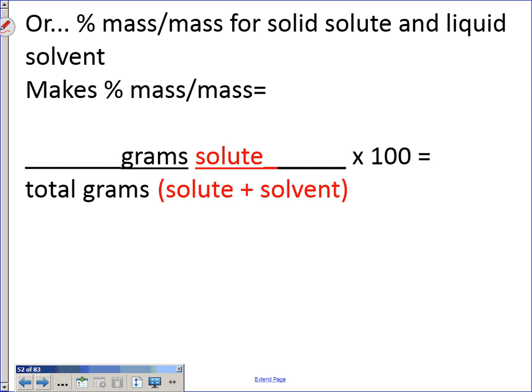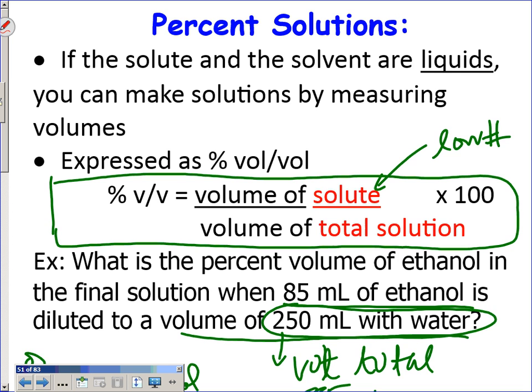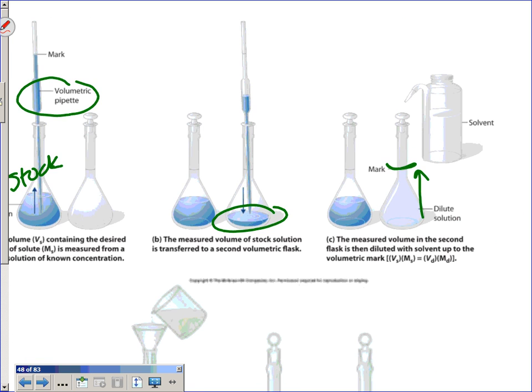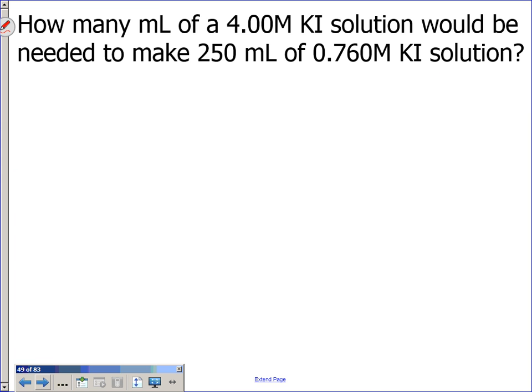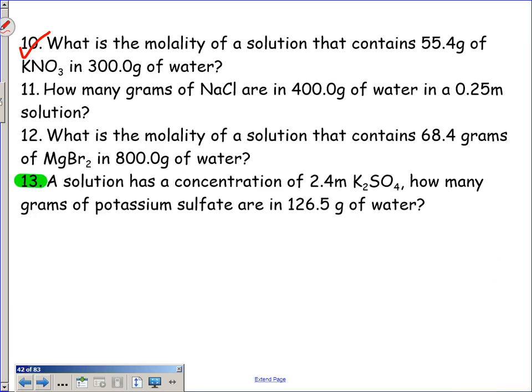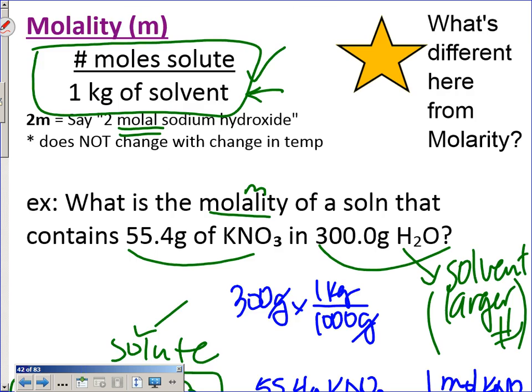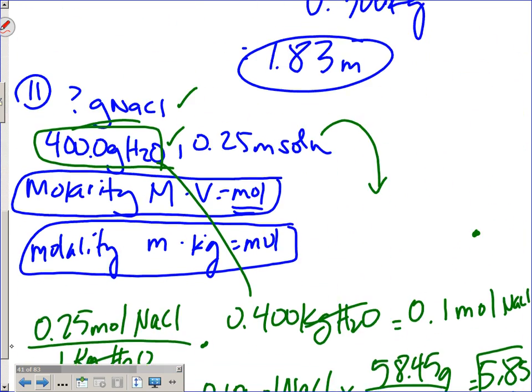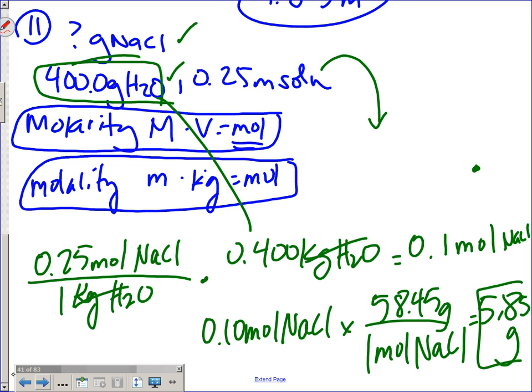I think it's 13 on the lecture problems. So this is a molality question, right? So it's very similar to what we just did on number 11. Let me go all the way back to molality. The question for number 11 gave us the grams of solvent, which number 13 also gives us, and it gives us the molality.